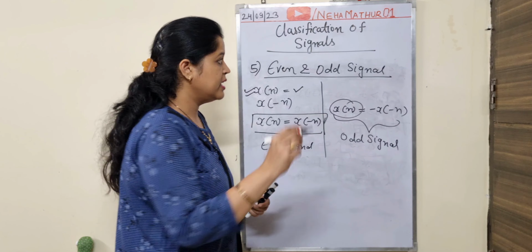If a signal gives the same value after reversing the time representation, it comes under the category of even, while if it is not the same after reversing the time, it comes under the category of odd signal. And the last one was energy and power signal. For that you will have to calculate energy and power as well. If energy is finite and power is 0, then it comes under the category of energy signal, while if power is finite and energy is 0, it comes under the category of power signal.